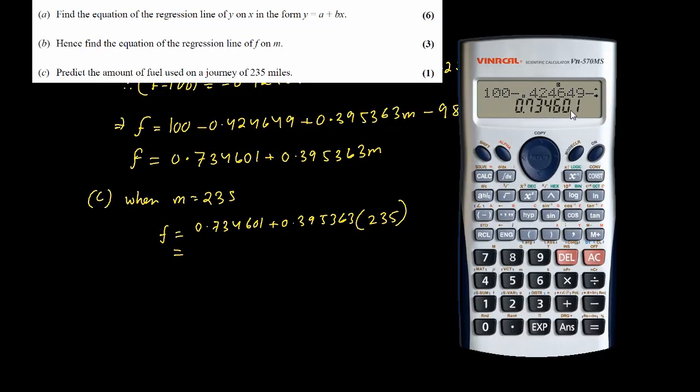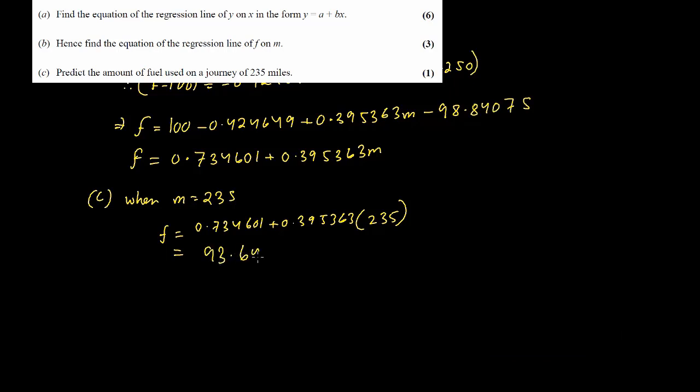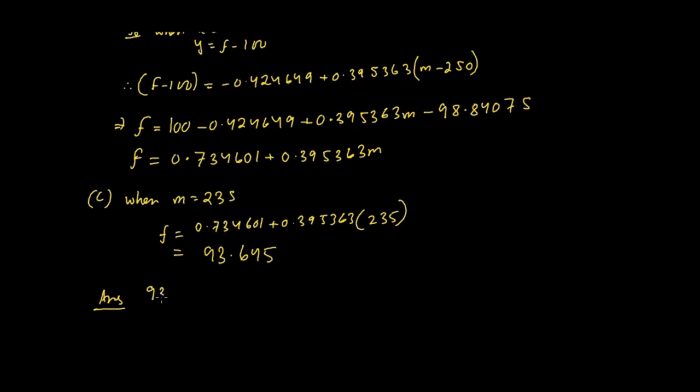So 0.734601 is already in the calculator, plus 0.395363 into 235. This would be 93.645. So the answer is not yet done. Remember, this is in liters, so 93.65 liters of fuel.